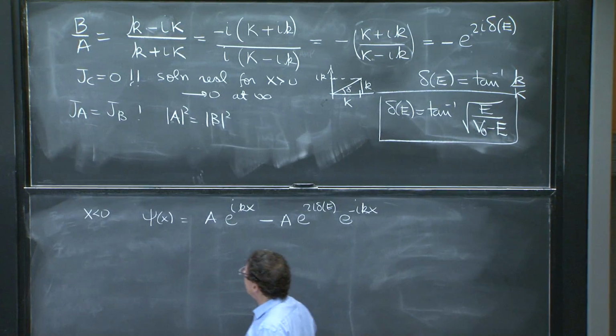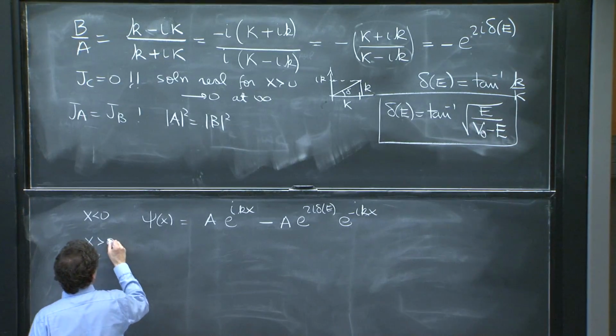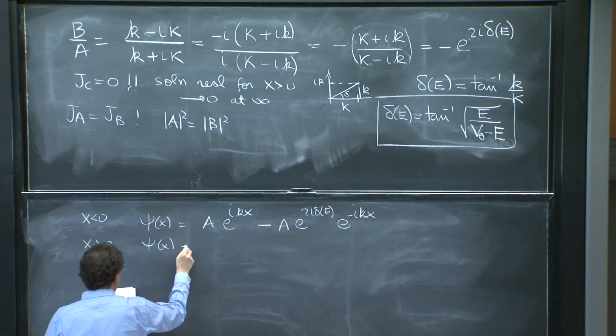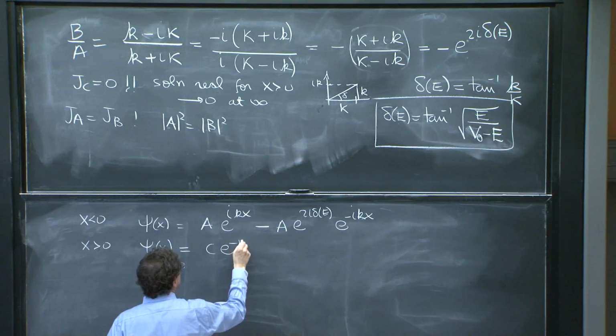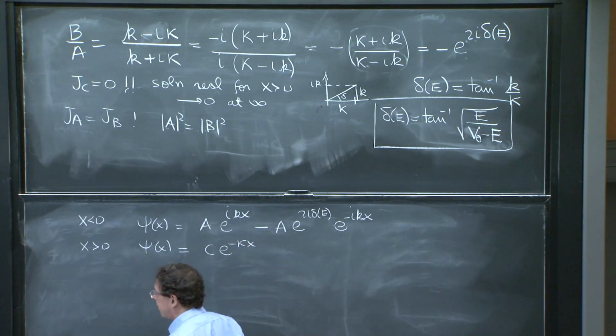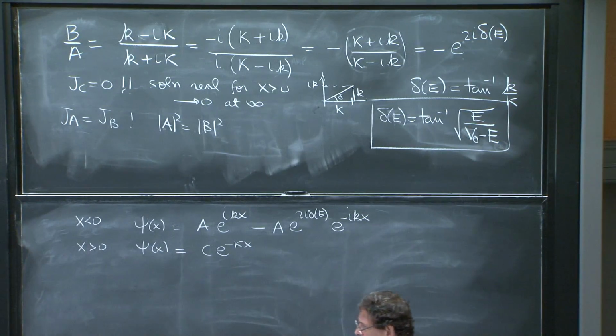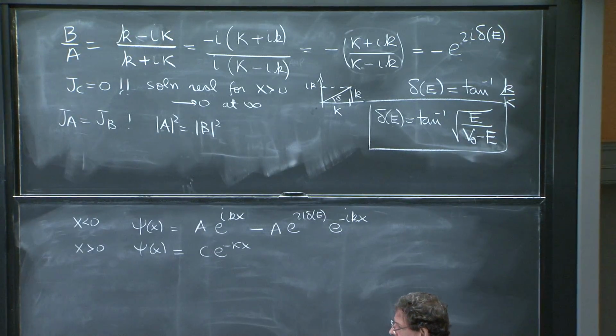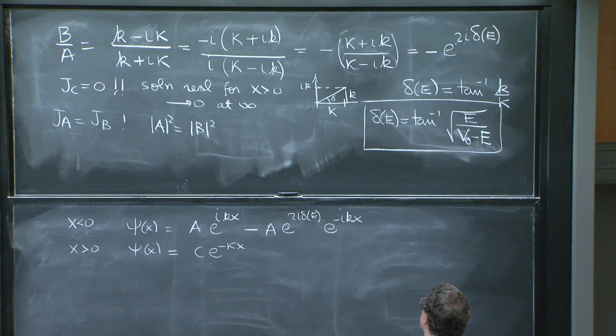For x greater than 0, psi of x is going to be c e to the minus kappa x, and I'm not bothering to write the coefficient c in terms of a.